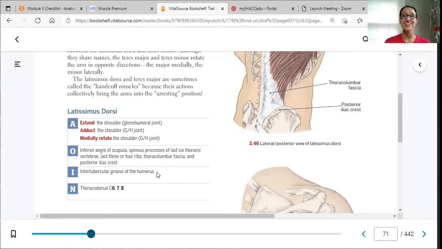Who remembers the other name for the intertubercular groove? That's right, it's the bicipital groove. Bicipital groove because the bicep tendon goes through there, right? There it is, right there. So it is going to come up, make a little bit of a twist, and then insert right there. So the origin is way bigger than the insertion.